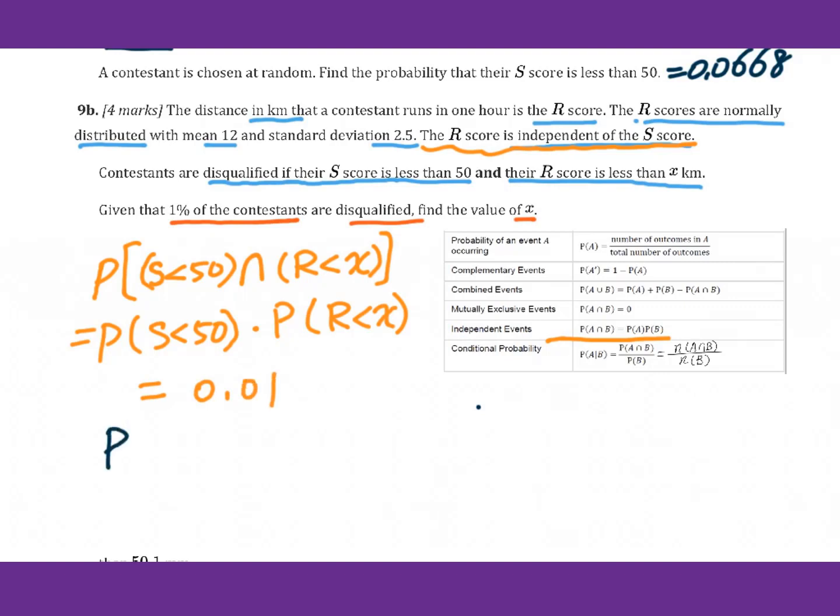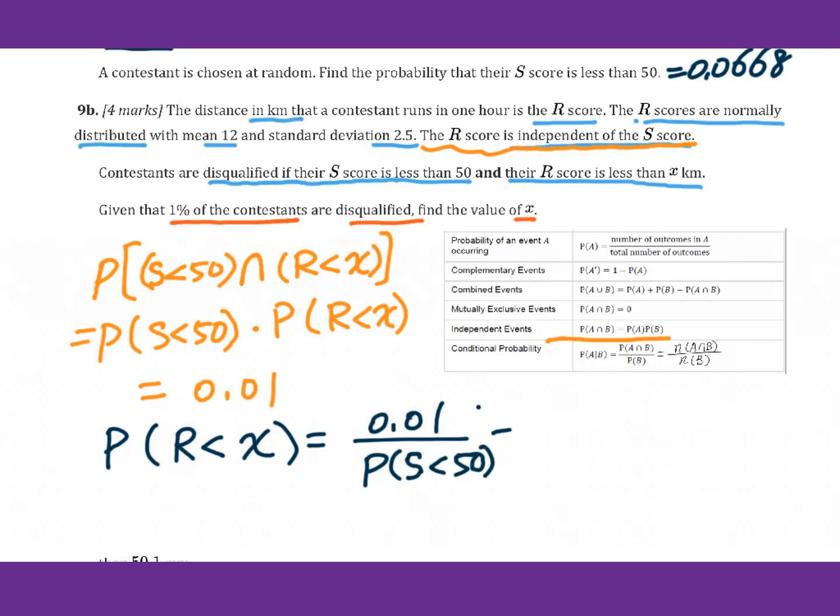Therefore, the probability R less than X equals 0.01 over probability S less than 50. So you get 0.01 over 0.0668. We got this number from 9a.